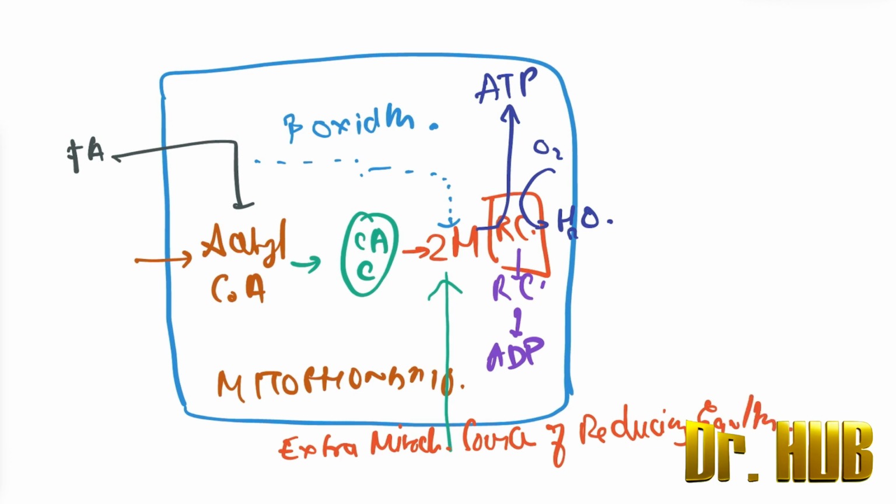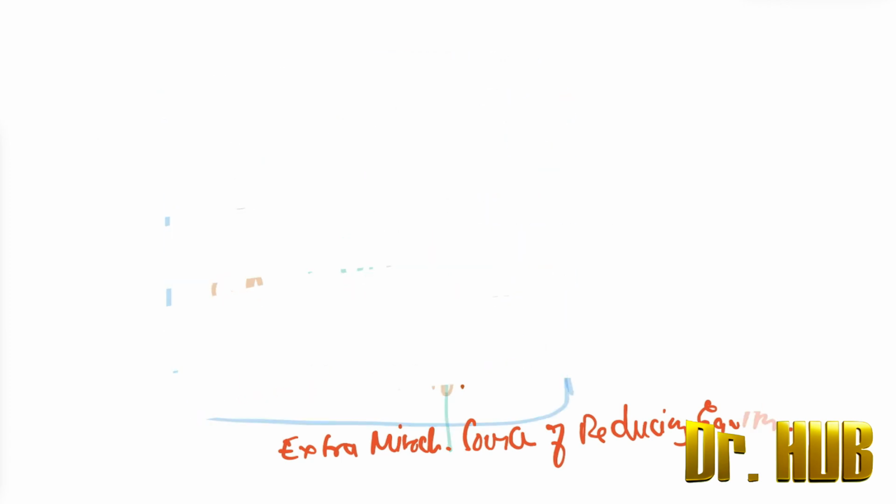Next we'll move on to the ETC. ETC stands for the electron transport chain. So let's look at the structures. We have the mitochondrial membrane.